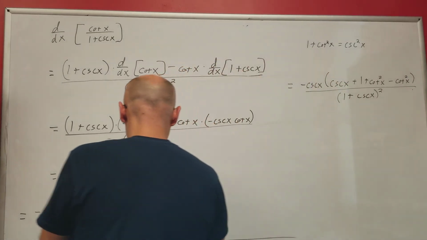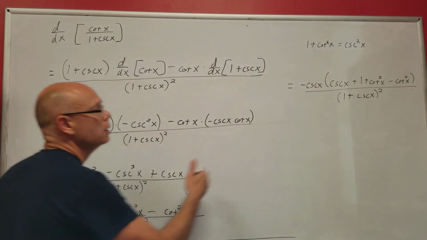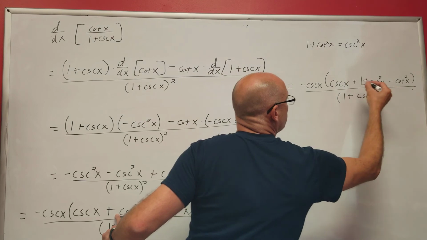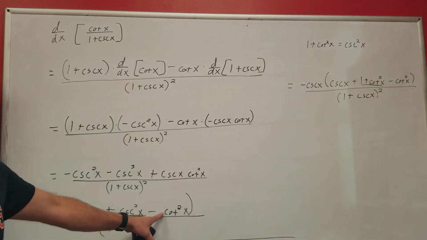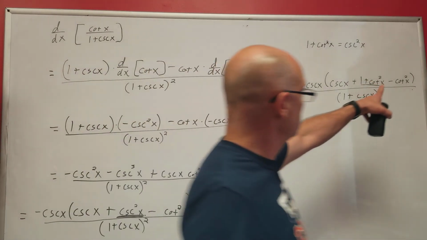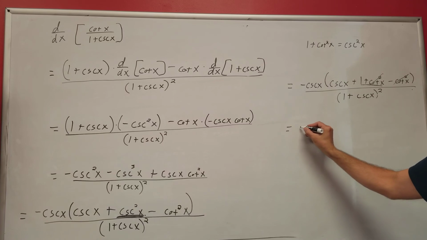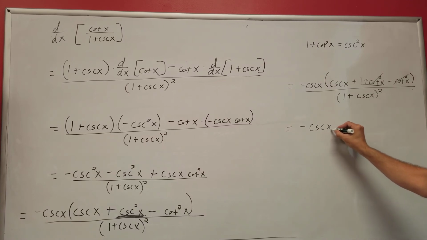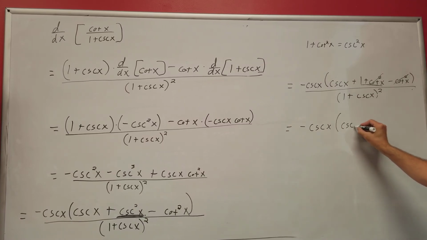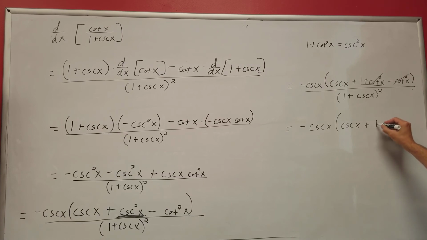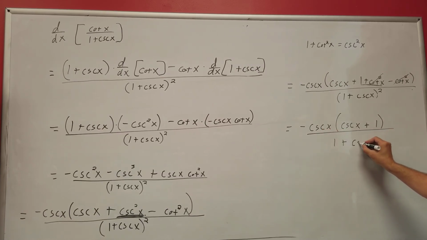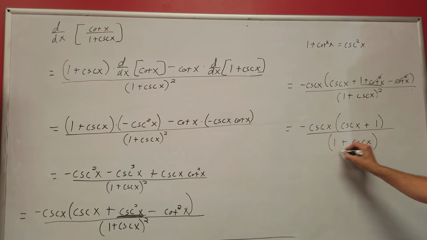So in other words, this part became what? That part, right? This negative cotangent squared came over here. Now these two are going to zero out, right? So what I'm going to have is negative cosecant of x times cosecant of x plus 1 over 1 plus cosecant of x quantity squared.